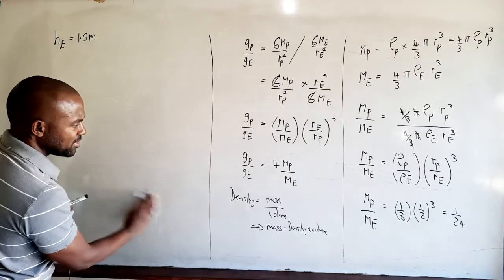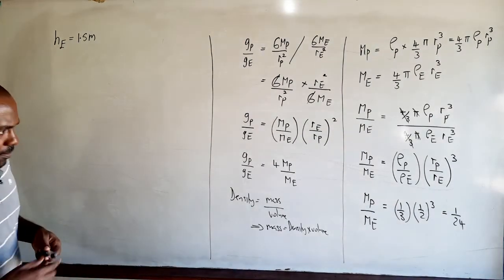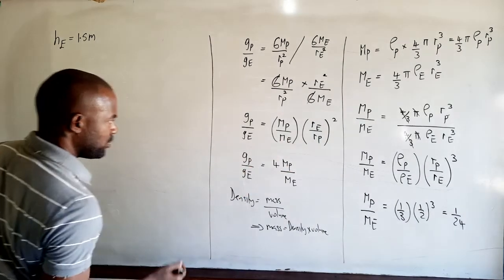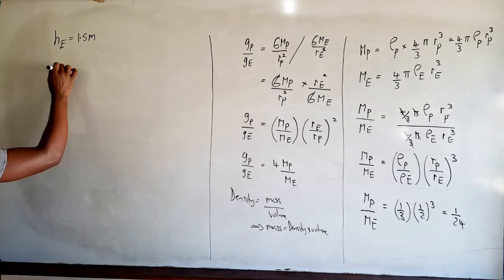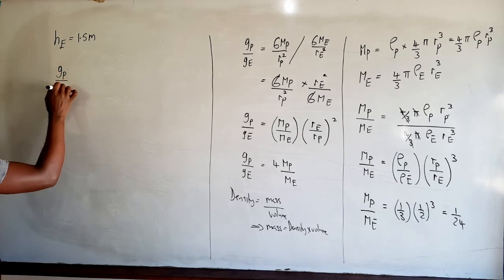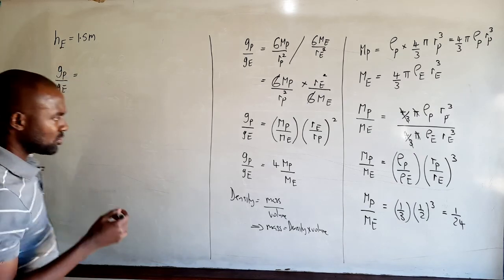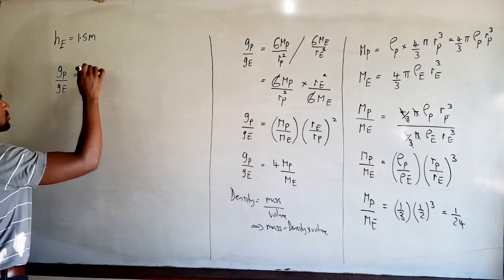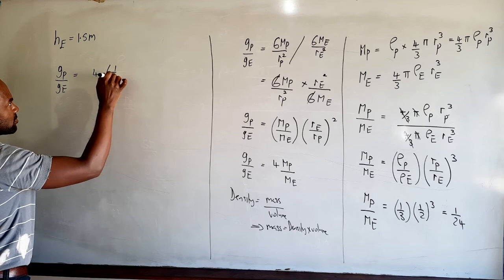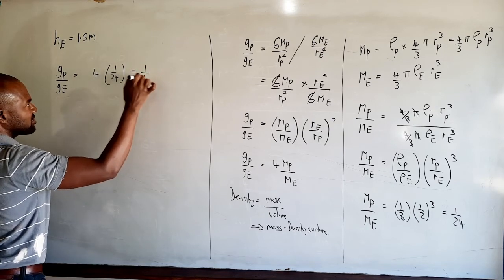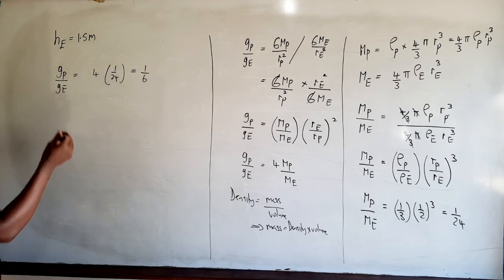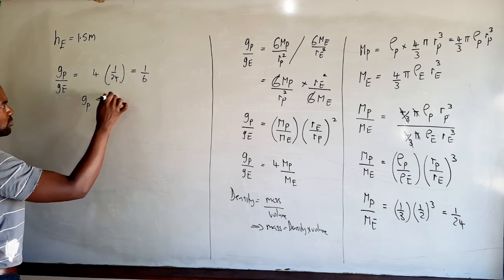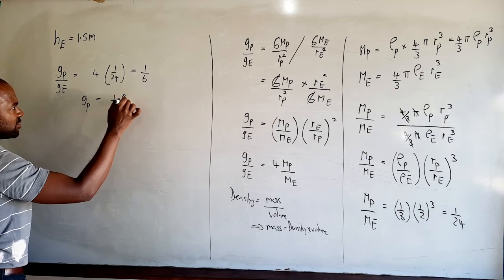So we can now say that GP over GE would be equal to 4 times 1/24, which is equal to 1/6. And therefore, what this basically means is that the gravitational field strength of the planet GP is equal to 1/6 the gravitational field strength of the Earth.